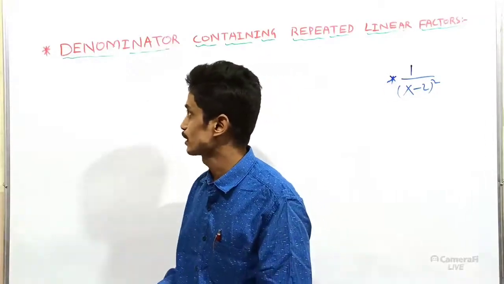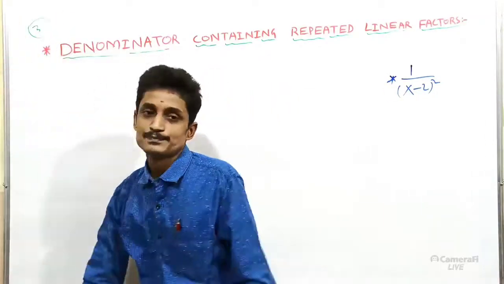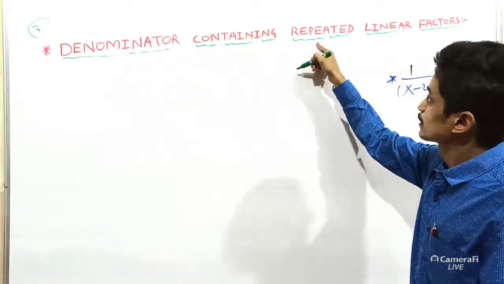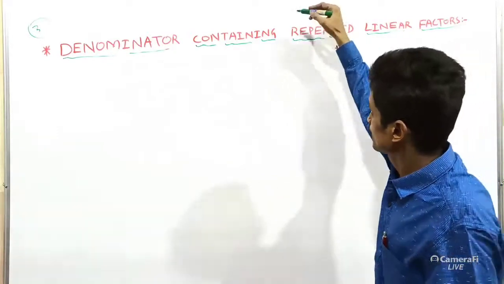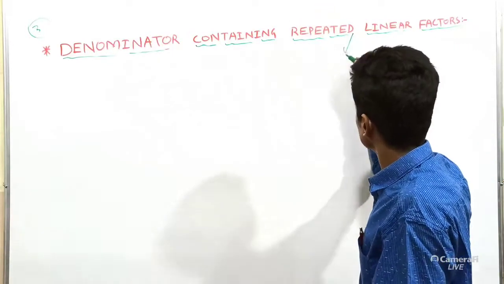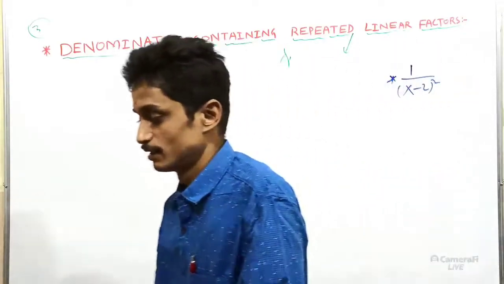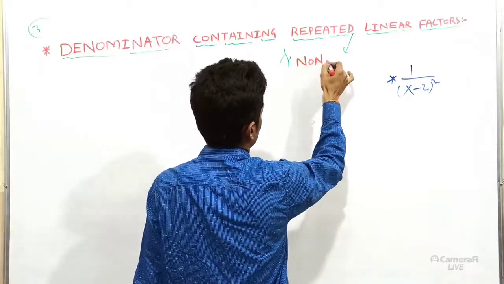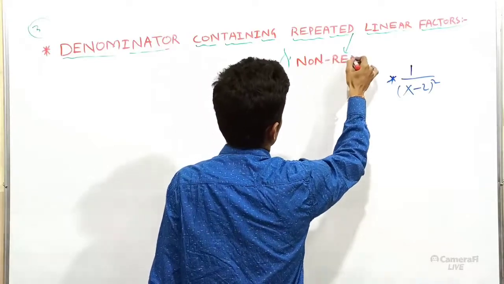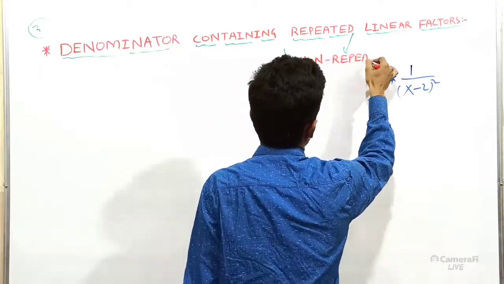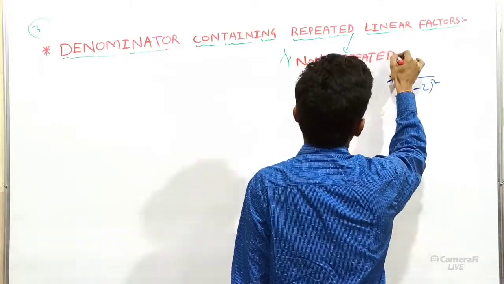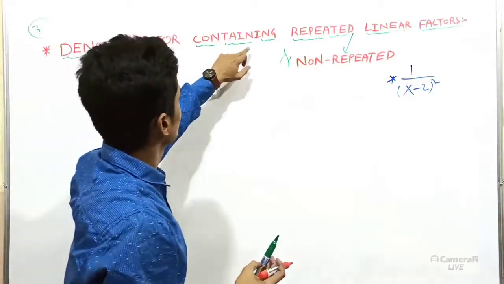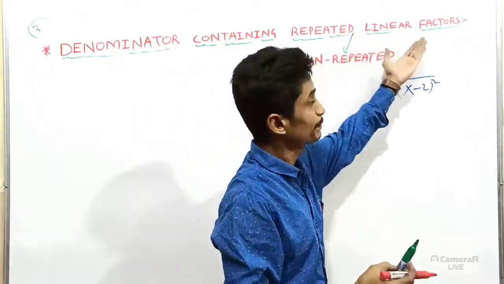Rule number 2 is over. Now we will start rule number 3. Rule number 3 means another form: a denominator containing repeated and non-repeated linear factors.